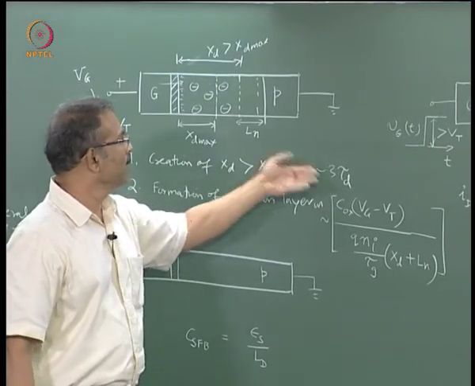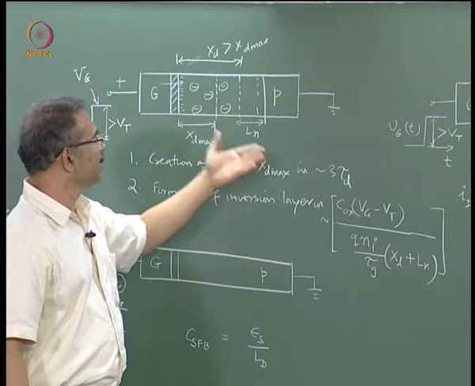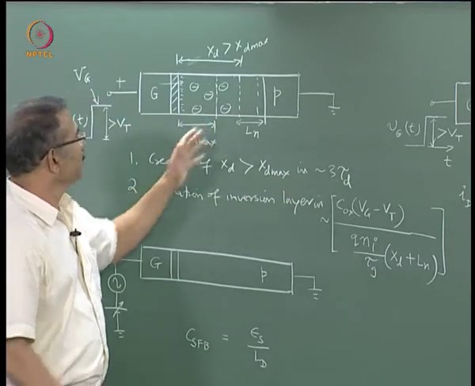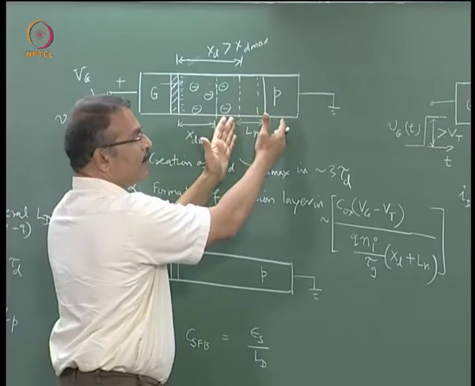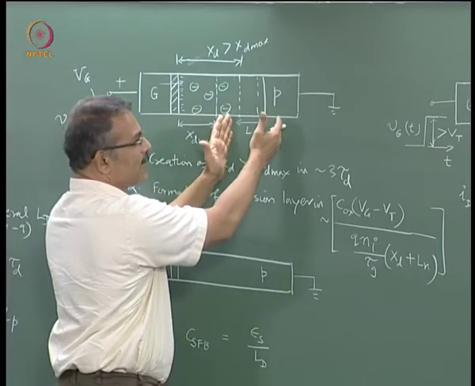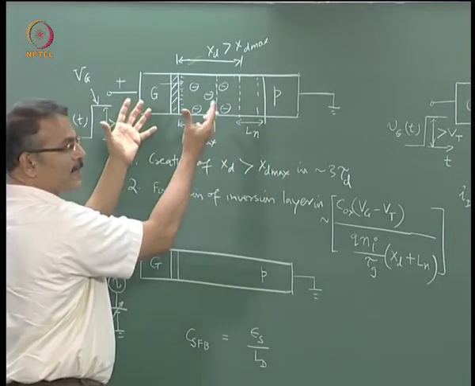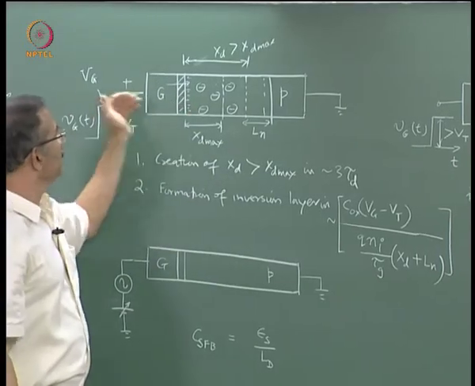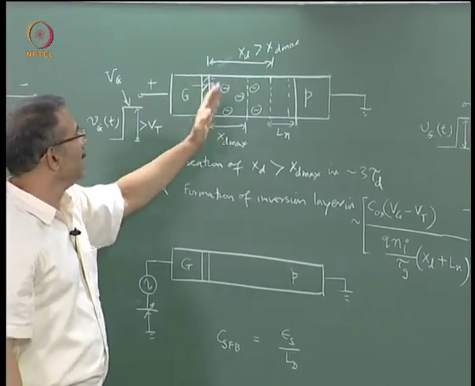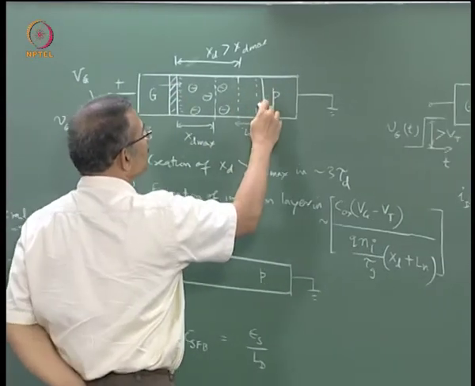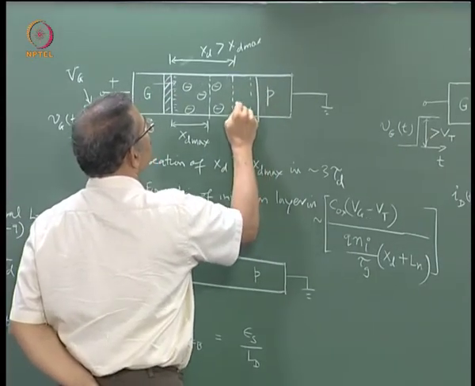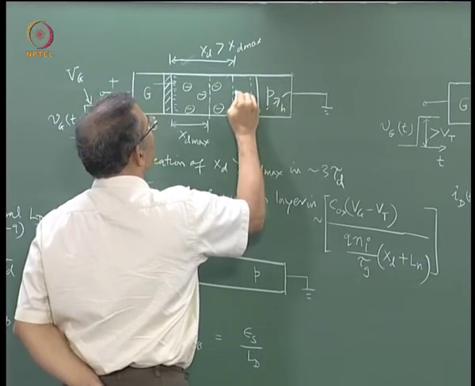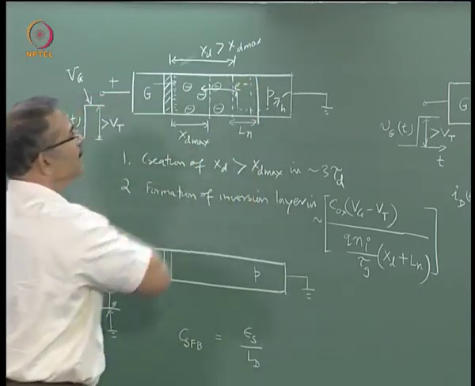First the depletion layer is created in dielectric relaxation time, 3 times tau d, and then within the depletion layer and within a region equal to about a diffusion length from the depletion layer, electrons are being generated, and those electrons migrate towards the interface because there is a field, they are attracted to the interface, and they form the inversion layer. What happens to the holes? Well, the holes move out. So this process can be shown like this. The holes are moving out and the electrons are migrating towards the surface.